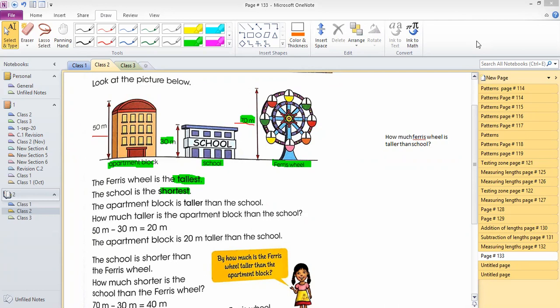Arsh, can you hear me? Yes, Arsh. Please tell me how much the Ferris wheel is taller than the school.